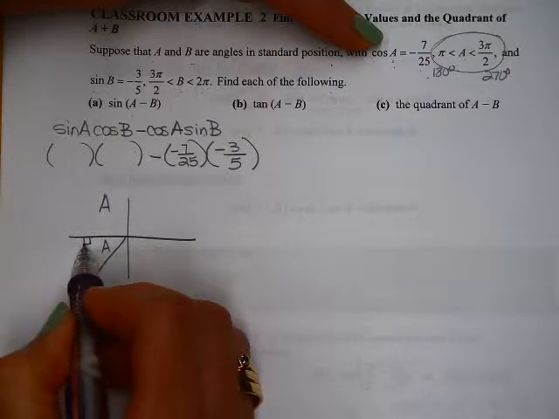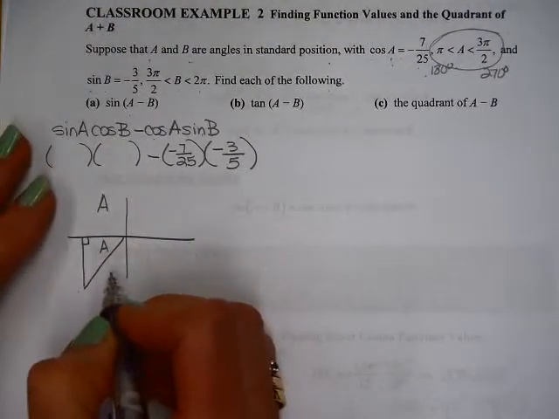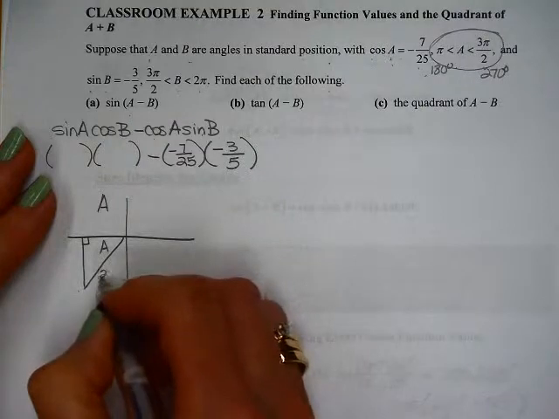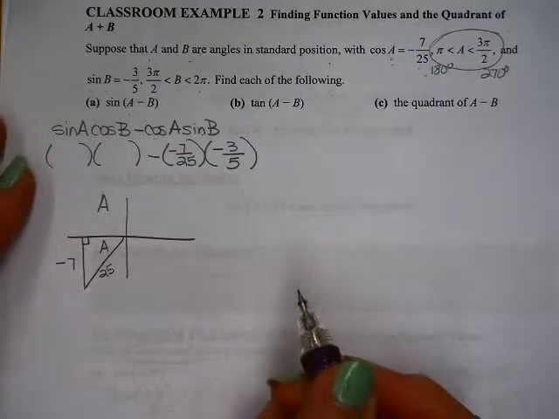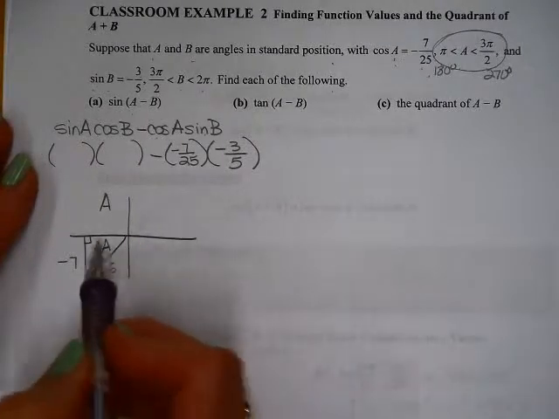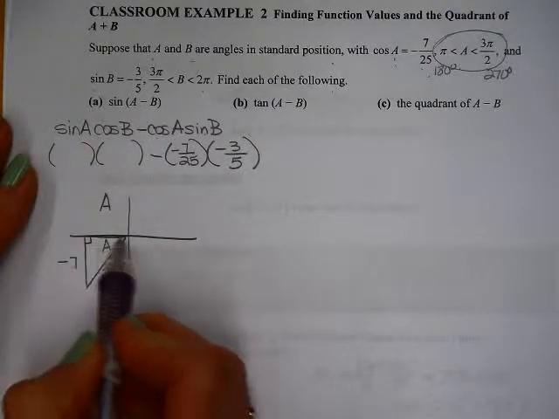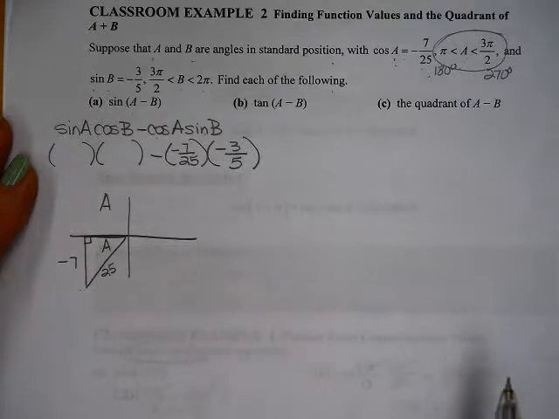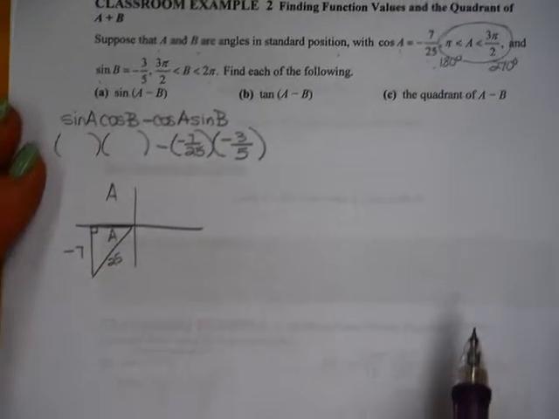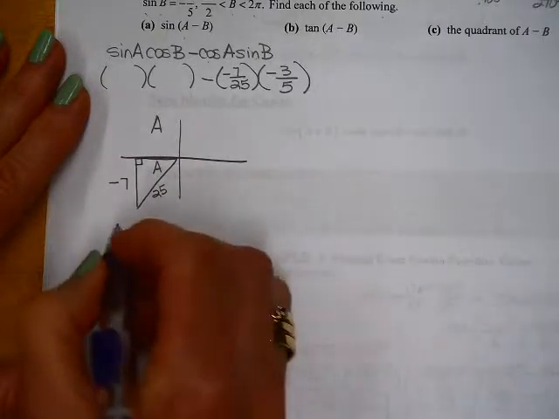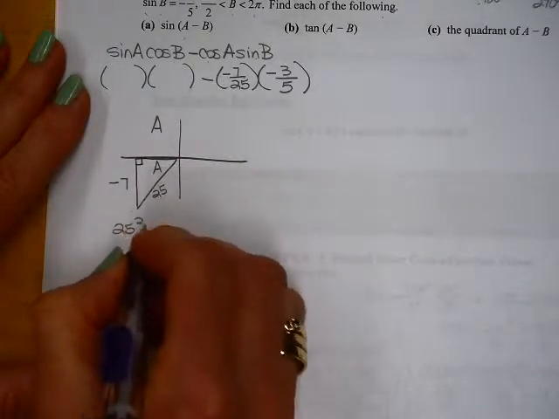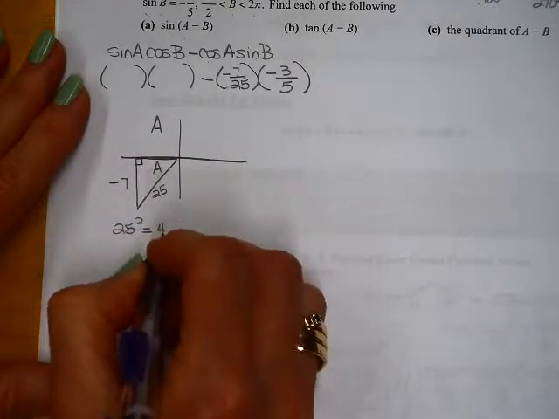And the cosine of this angle is negative 7 over 25. So this is my 25. And negative 7, correct. Has anybody found X for me?